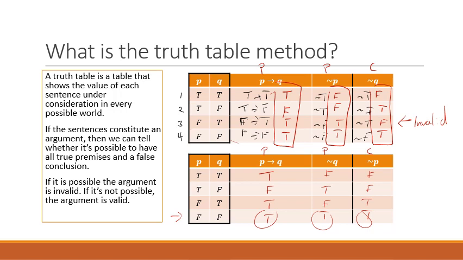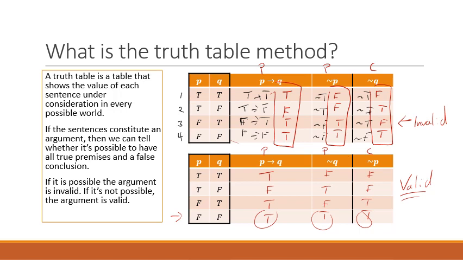If you look again at the thing on the left here, this spells out everything that's possible, right? There's no other possible combination of P and Q with true and false that exists. So it's impossible to have true premises and a false conclusion, and what that means is that the argument is valid.